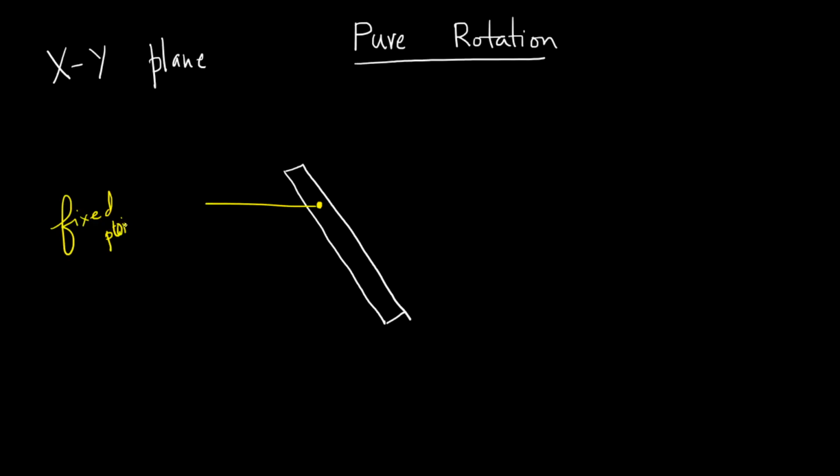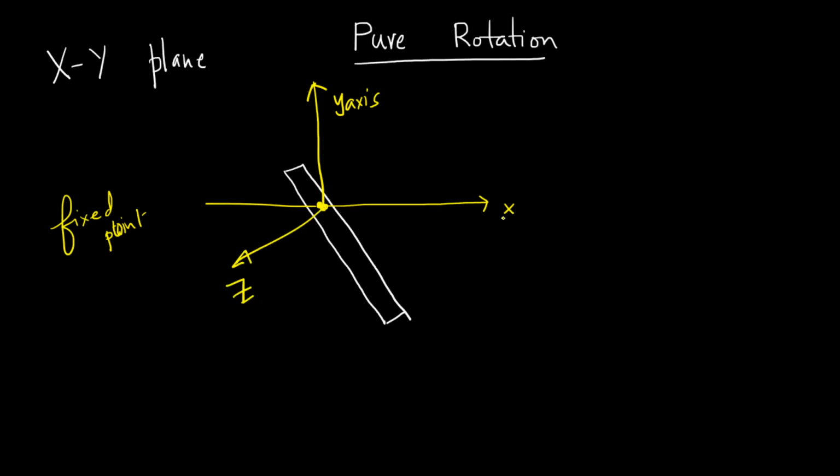Okay, and now imagine that the x-axis is here and the y-axis is here, and the z-axis is passing through this point and it is perpendicular to the plane. So I'm just going to draw it like this, but I think you know what I mean.